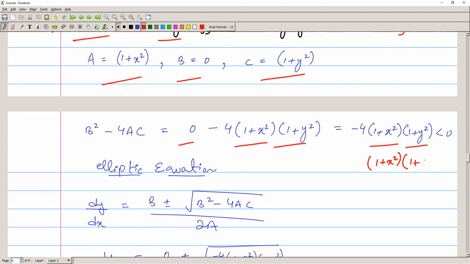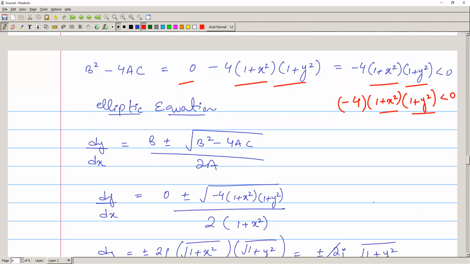And again, this y squared will always be positive, whatever value you give to y, either negative or positive, because of this square. And with plus 1, this will always be positive. So these both will be positive. Therefore, because of this -4, this expression will always be less than 0, right? So we can say that this is an elliptic equation for the given variable coefficients.